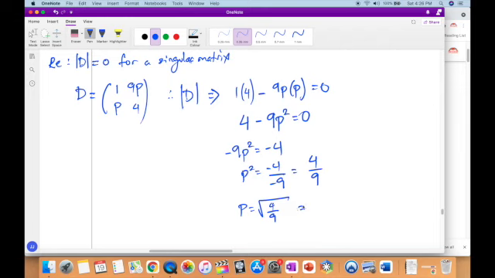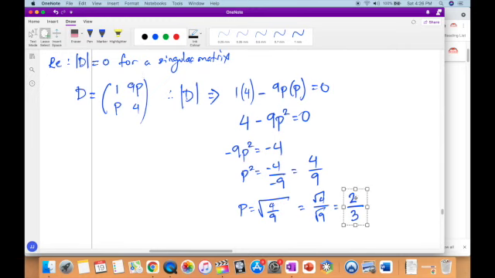And if you know your rules of indices, you know that that is the same as the square root of 4 all over the square root of 9, which is 2 on 3. But it's not just 2 on 3.